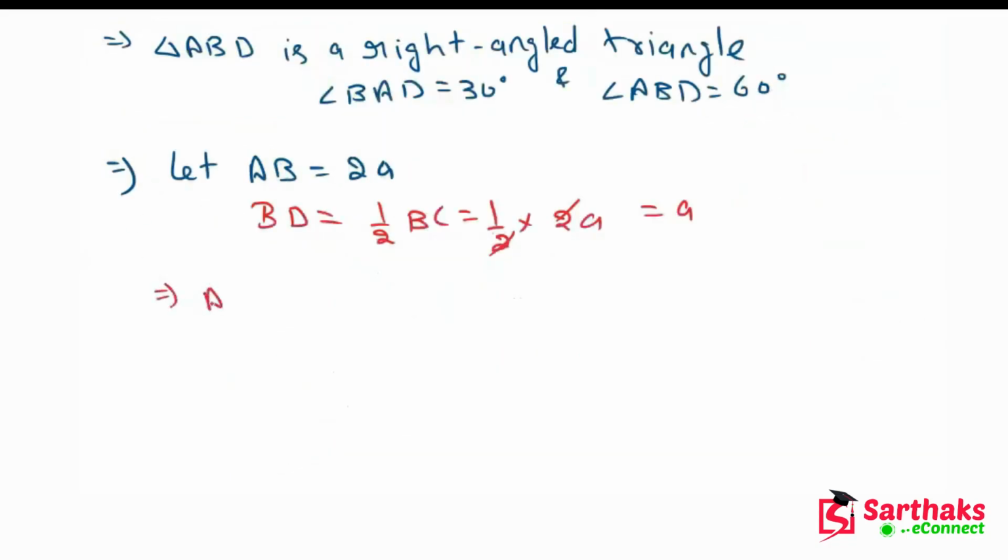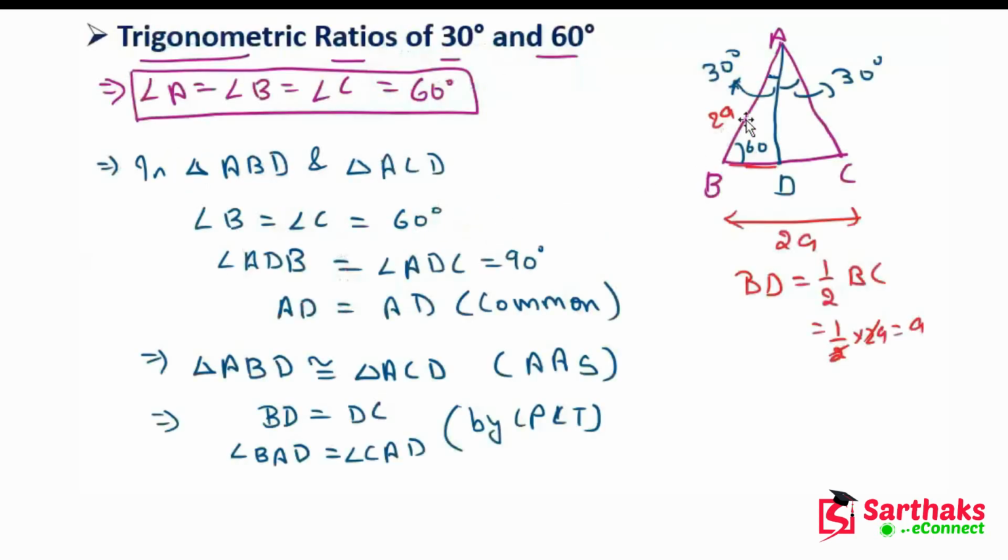If we apply the Pythagoras theorem, hypotenuse square is equal to perpendicular square plus base square, and perpendicular square is equal to hypotenuse square minus base square.